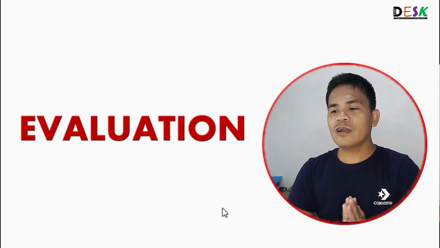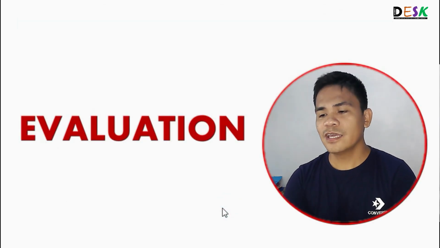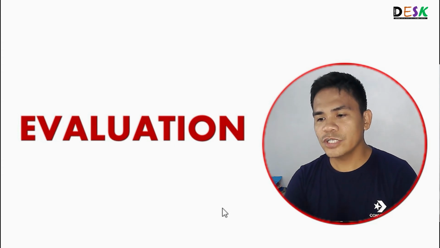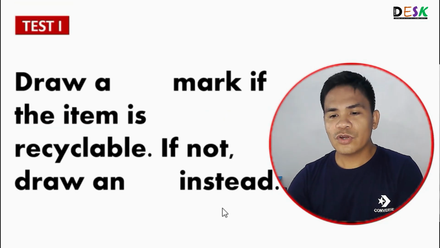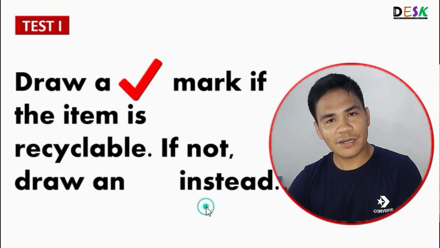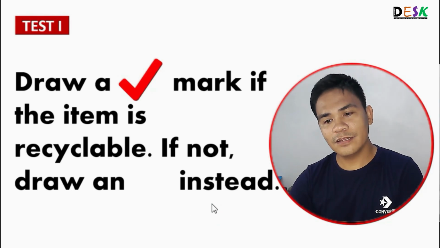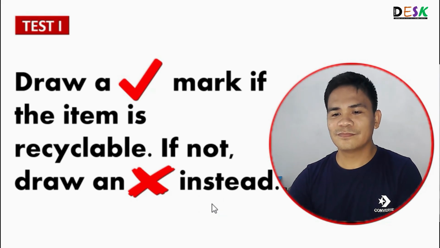Okay, we have now come to the part to test what you have learned about recycling. It's time for you to get your pen and your paper to answer each of the following test items. Now, test 1. Draw a check mark if the item is recyclable. If not, draw an X instead. Are you ready? Let's go!